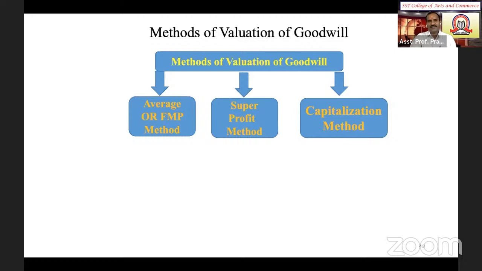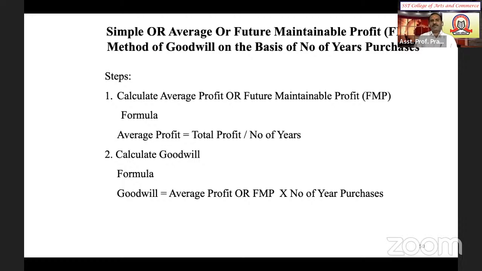Valuation of goodwill: average or future maintainable profit method, super profit method, capitalization. First, the simple average or future maintainable profit method, on the basis of number of years purchase. In this method, you follow 2 simple steps.